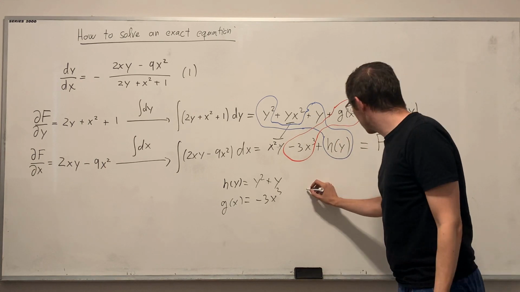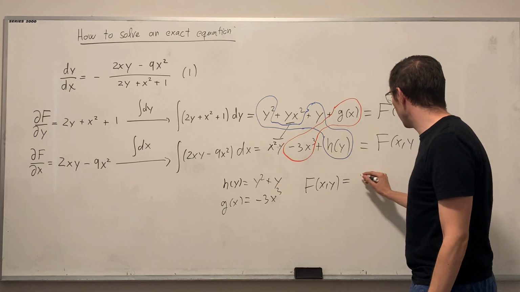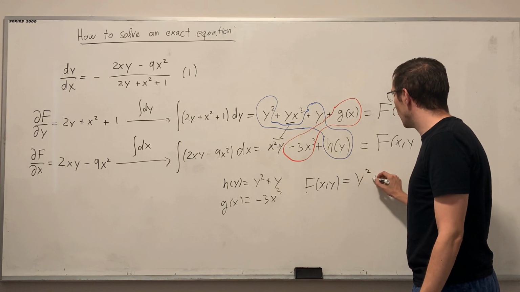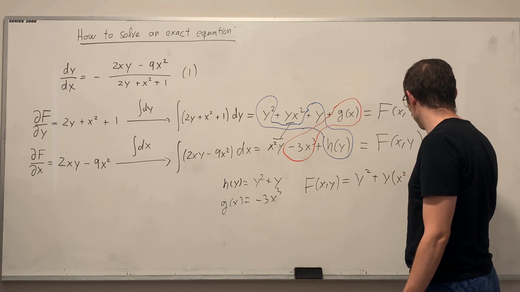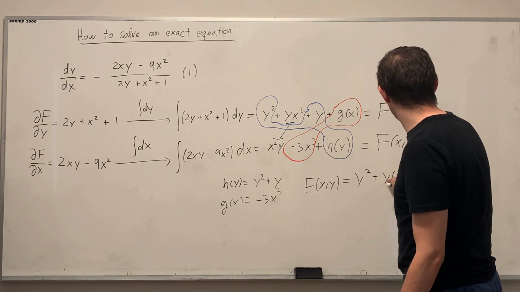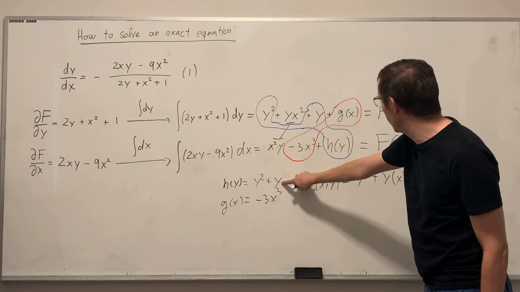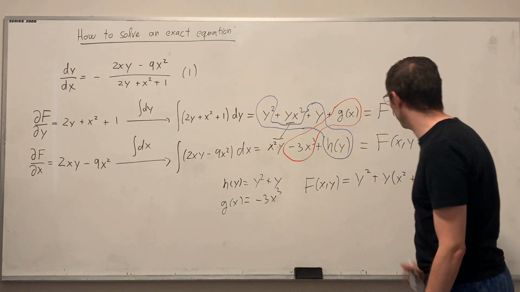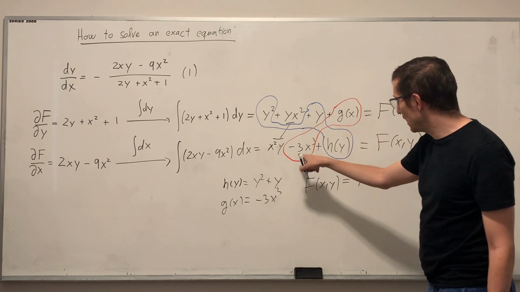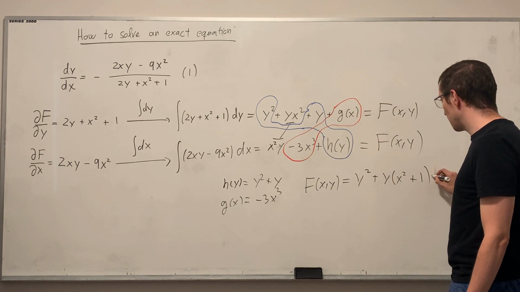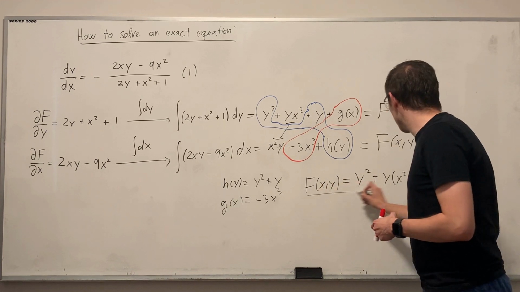So I can write f of x, y, completing the whole thing, is y squared plus y multiplied by x squared plus 1. And the plus 1 is taking common factor of this term that has a y, it's 1 times y, and this term that has an x squared. All right, and then plus the g of x, and the g of x is actually minus 3x cubed.